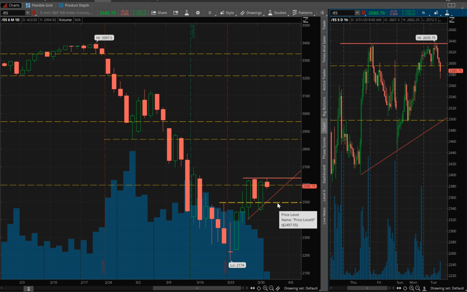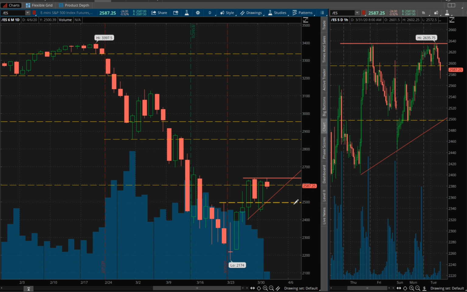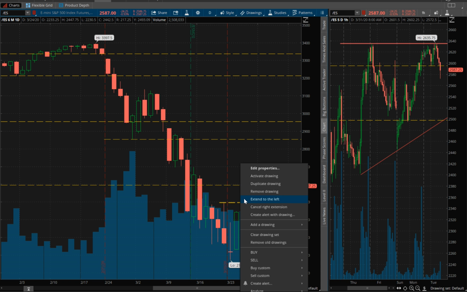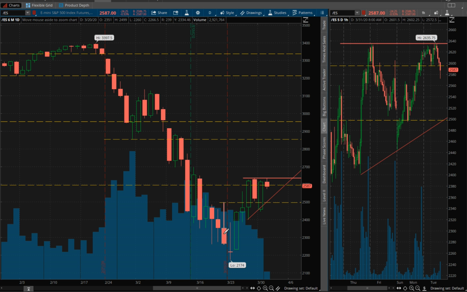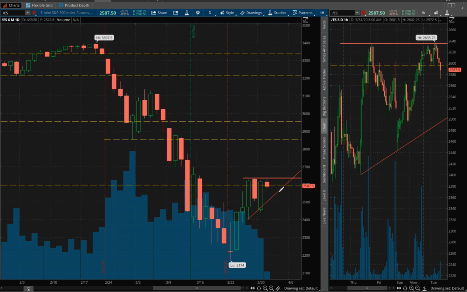Potentially, we could see this market coming back to test the lows. Let me just move this. So we can see this coming back down to test the lows of the potential 2,174.